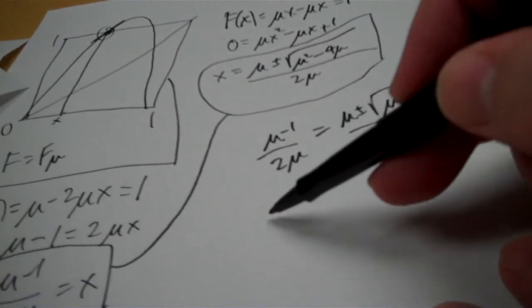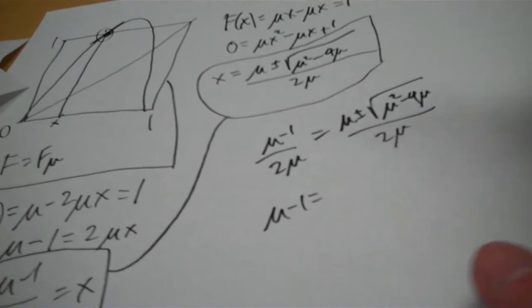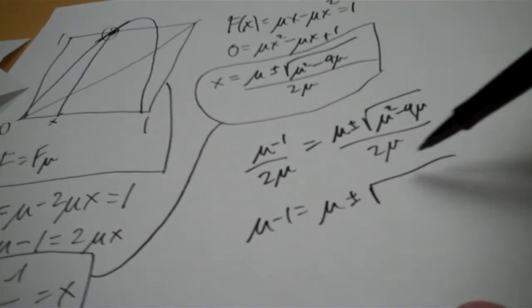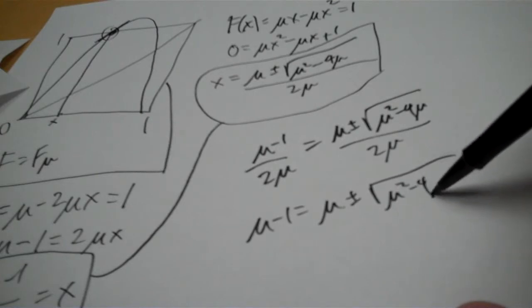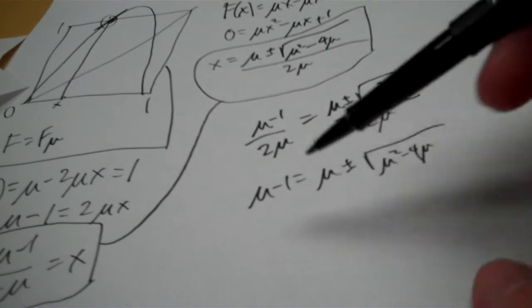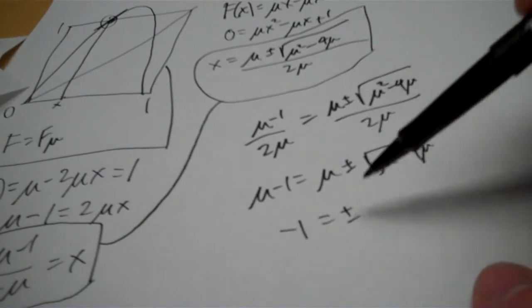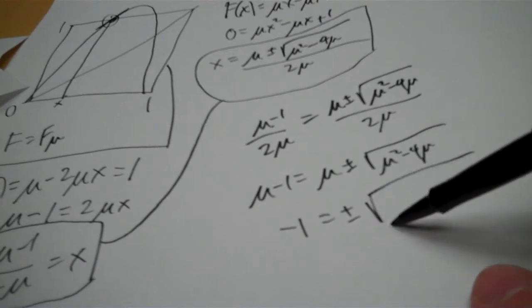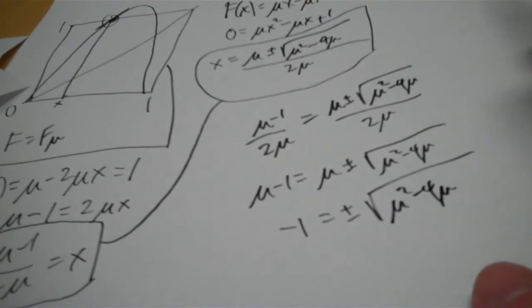So if we multiply by 2 mu, we get mu minus 1 equals mu plus or minus the square root of mu squared minus 4 mu. So even the mu's cancel now, right? So you've got minus 1 is plus or minus, well I bet it's minus, the square root of mu squared minus 4 mu.